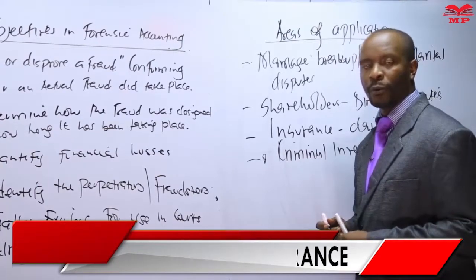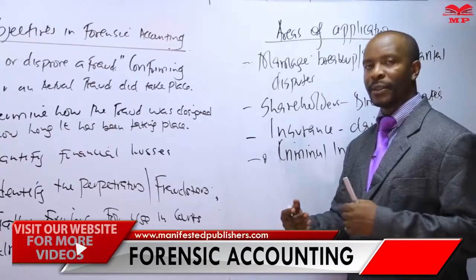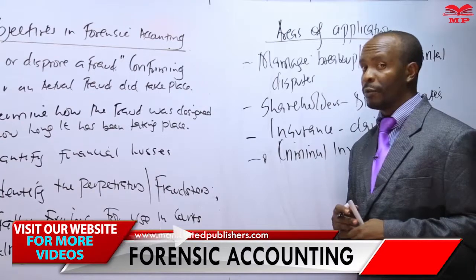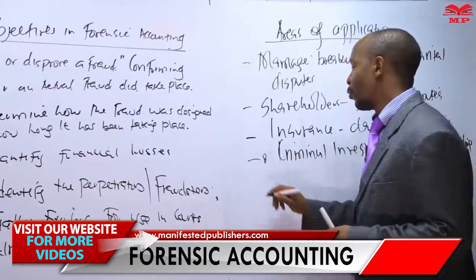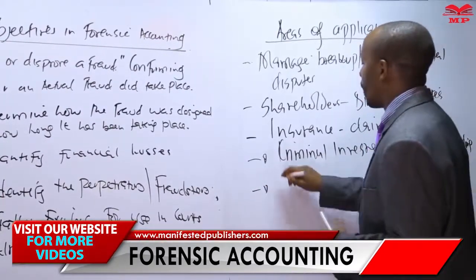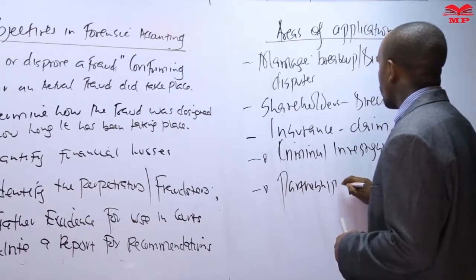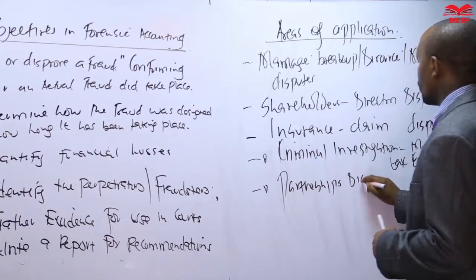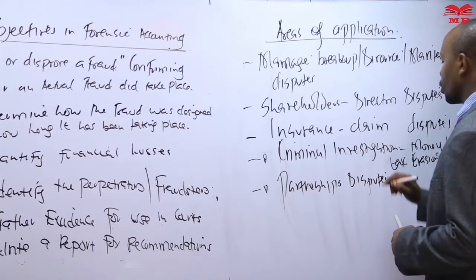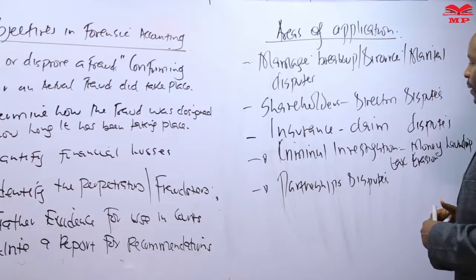In partnerships, we also have disputes. A partner and another partner would wish to resolve the disputes in an orderly way, and that can only be done in a court, especially during the dissolution of a partnership.